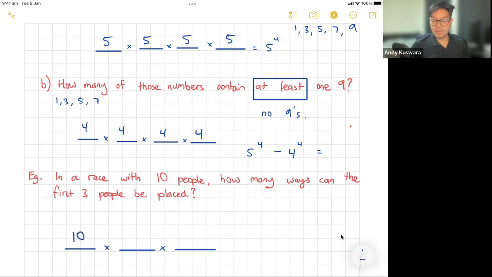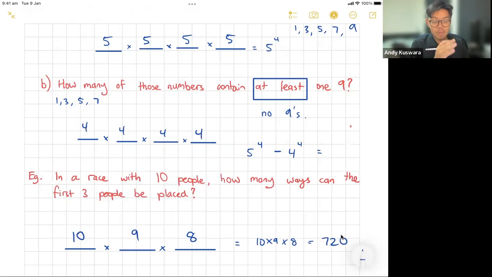This is where factorial starts to come in. For second place, there's 9, and for third place, there's only 8. So in other words, 10 times 9 times 8, that equals 720, if I'm not wrong. So there's 720 ways that we can arrange the first 3 out of 10 people.